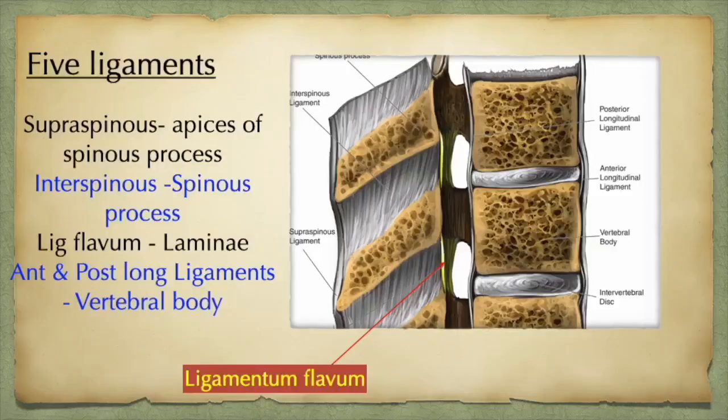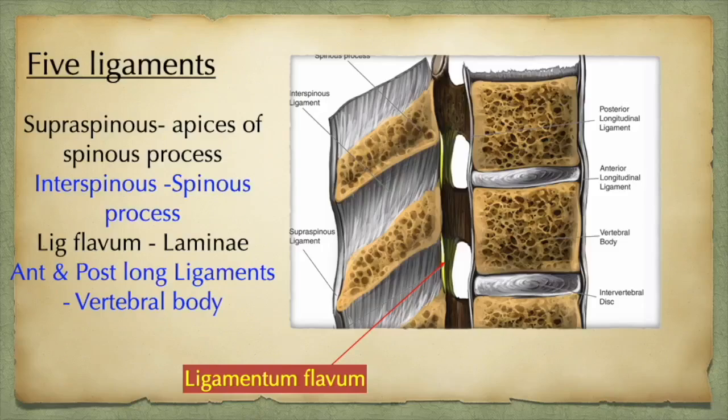There are 5 ligaments around the spinal column. The first is the supraspinous ligament, which runs along the apices of the spinous processes of the vertebrae. The interspinous ligament, which connects in between the spinous processes, and the ligamentum flavum, which runs along the laminae, and this is the important landmark.